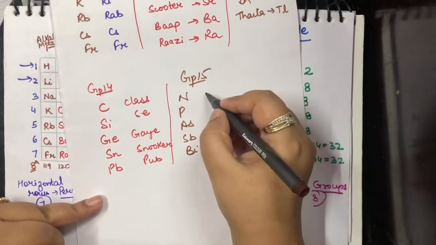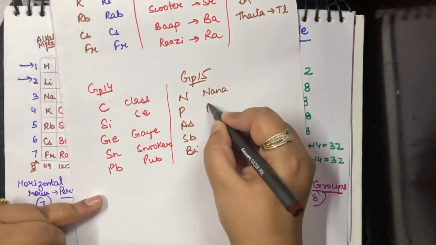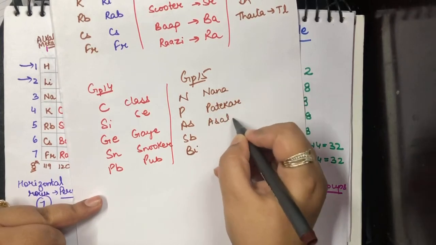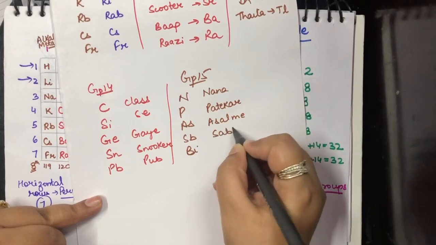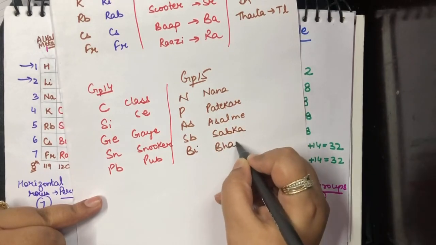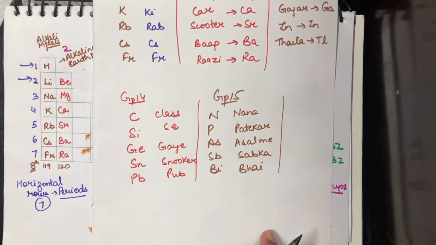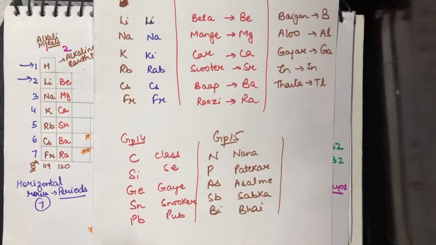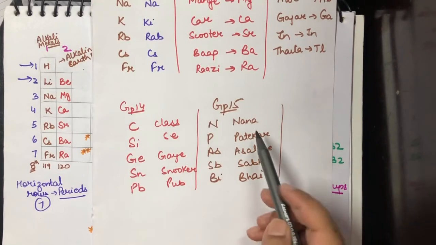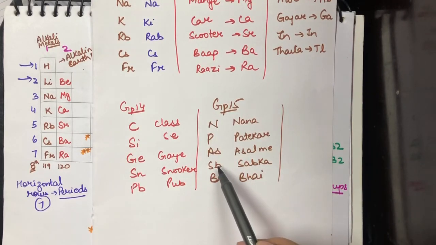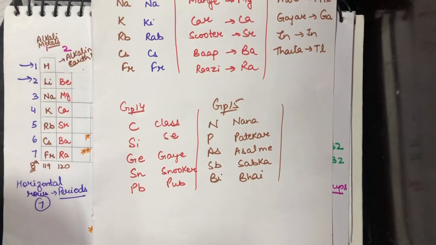It is remembered as Nana Patekar asal mein sabka bhai. I know they all are a little funny and weird, but if you have to learn the entire 118 elements that have been discovered in a particular order, I think they come as a great savior. So it is Nana Patekar asal mein sabka bhai. It is nitrogen, phosphorus, arsenic, I'm sorry, antimony, and bismuth.